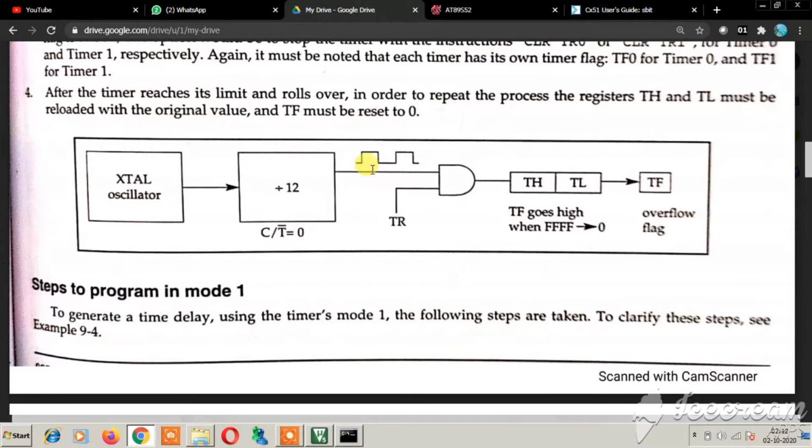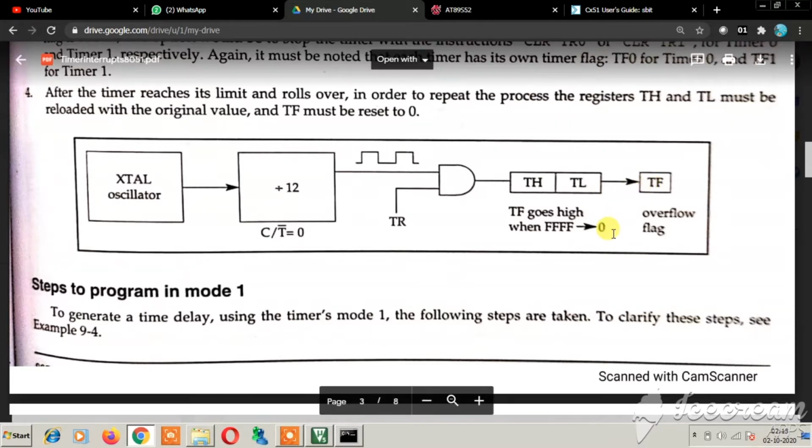Anyway, this is then fed into this AND gate, and here you have the TR. So setting TR1 starts the timer, as you can very clearly see due to this AND gate. After the timer has reached the value of FFFF by counting up, it then goes back to 0, and the overflow flag TF is turned on high.